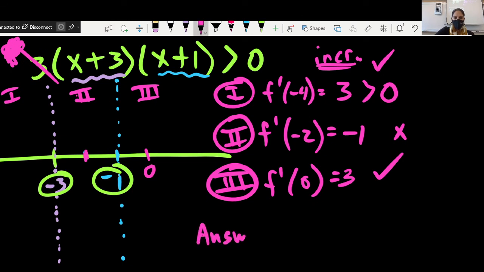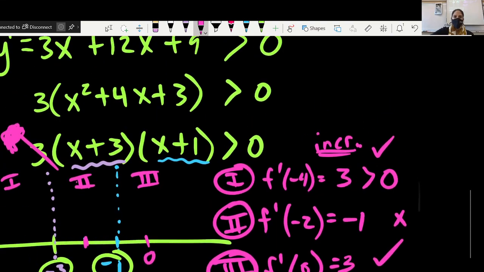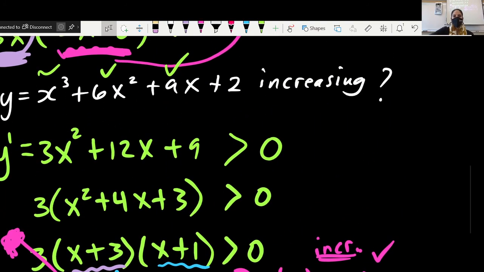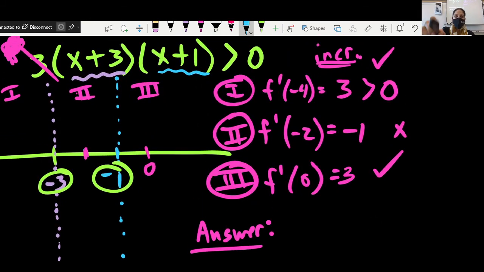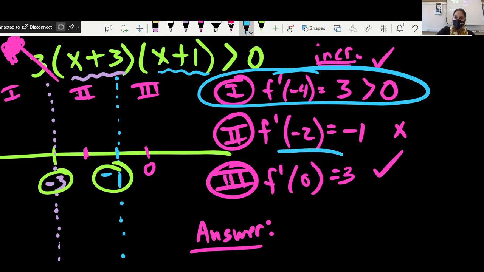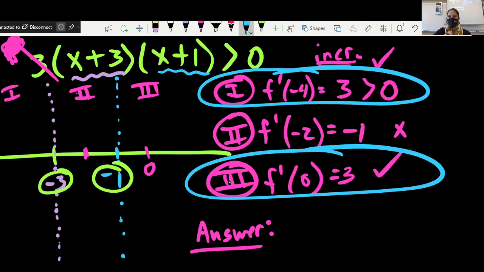So my answer would be, well, the question was, where is this function increasing? So I know that my answer would include this part, and it would include this part. So the best way for me to write that is, well, if it's in region 1 right here, it would be where x is less than -3.